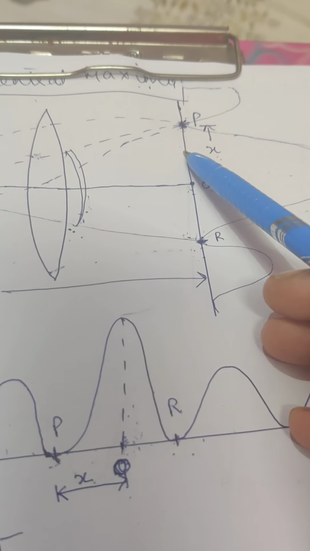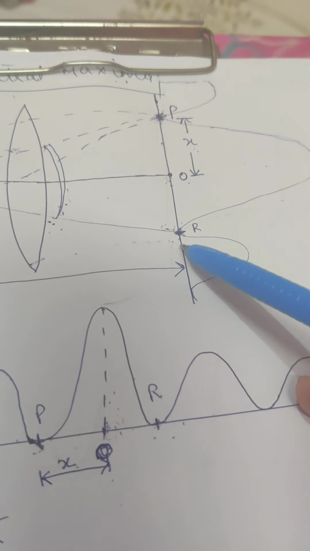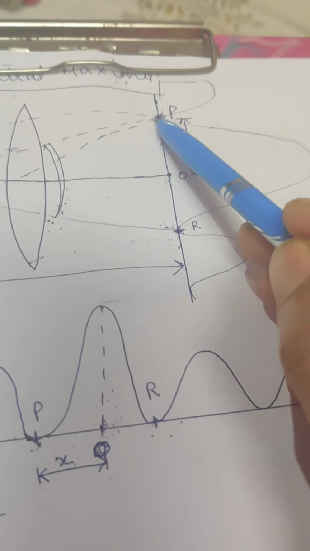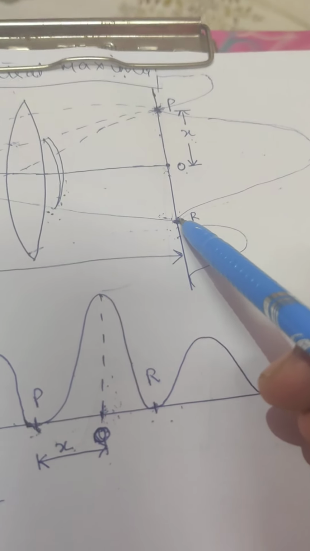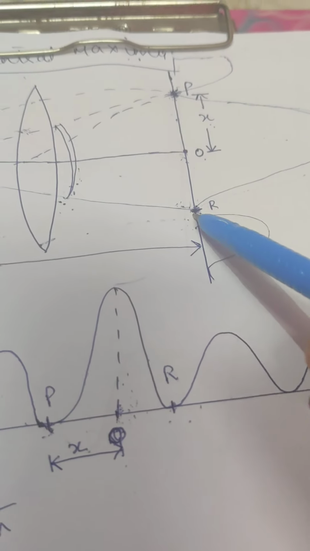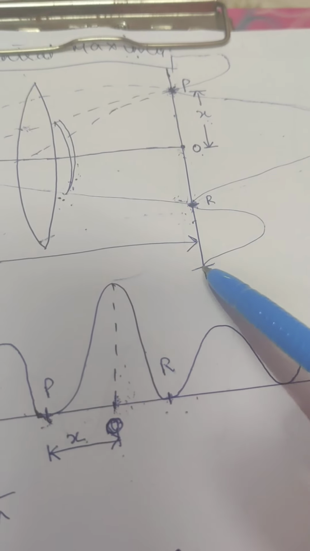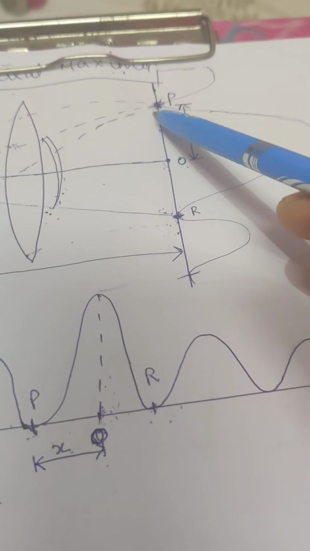It is the angle at which the central maxima is spreading, and you can easily see the central maxima is spreading between the two secondary minimas, and these minimas are my first secondary minimas. This is the first point of minima and this is the second point of minima. This angle spread is between the first secondary minimas.